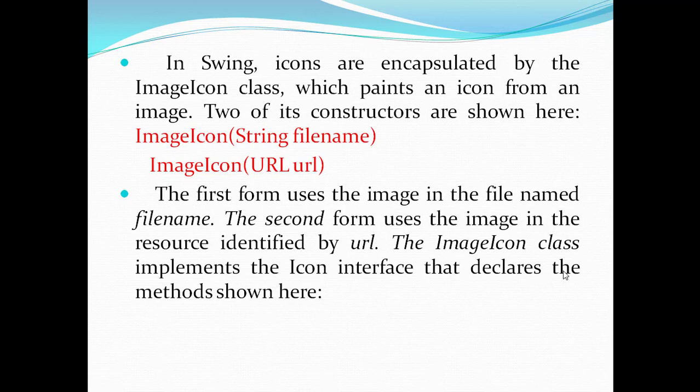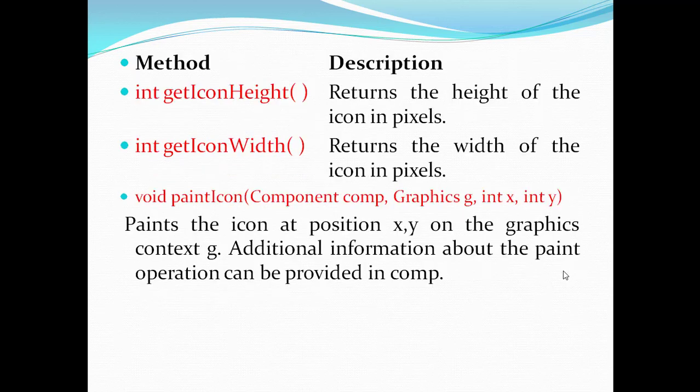Method and its description: int getIconHeight() returns the height of the icon in pixels. int getIconWidth() returns the width of the icon in pixels. void paintIcon(Component comp, Graphics g, int x, int y) paints the icon at position x, y on the graphics context g, and additional information about the paint operation can be provided in component comp.